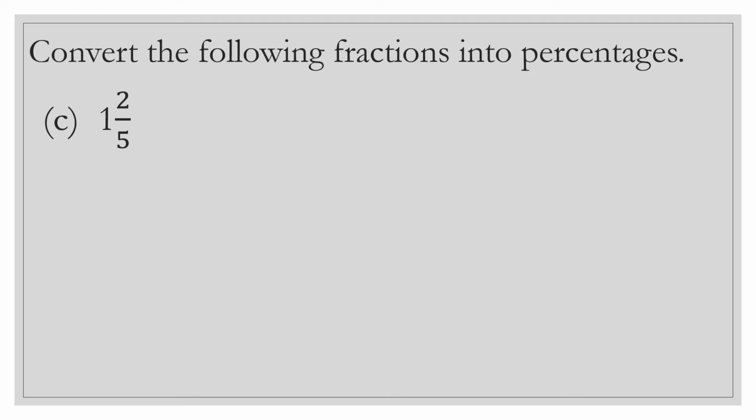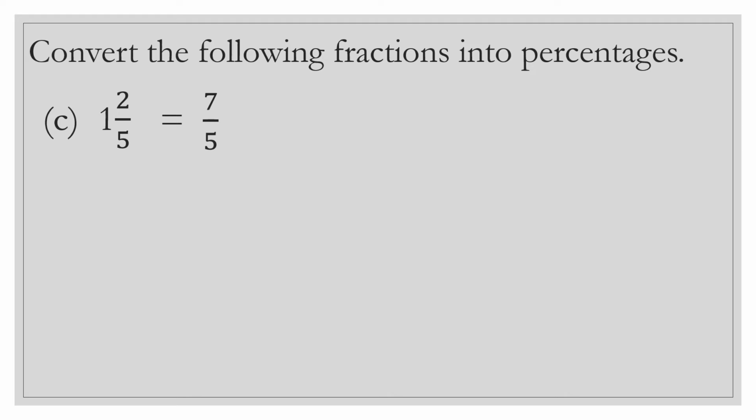Let's solve one more question. Question number C. Convert 1 2 upon 5 into percentage. See, 1 2 upon 5 is a mixed number. So let's convert it into an improper fraction. How? Let's see. 5 ones are 5, 5 plus 2, 7. So we get 7 upon 5. Then multiply the fraction by 100 and put the percentage symbol.